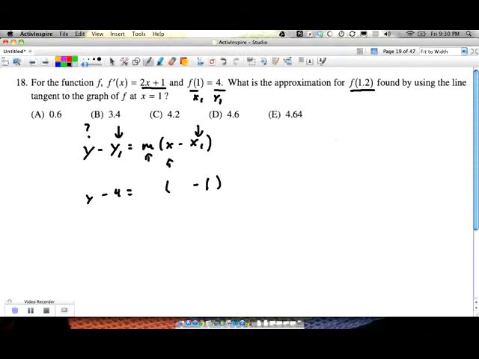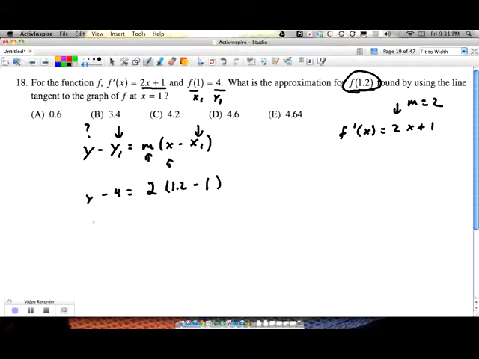So if f prime of x equals 2x plus 1, this is my tangent line. That means that my tangent slope, m, equals 2. So this m right here, I'm going to use that tangent slope, that's 2. Now I'm going to use the x value that they're asking me to do, which is 1.2 right here.